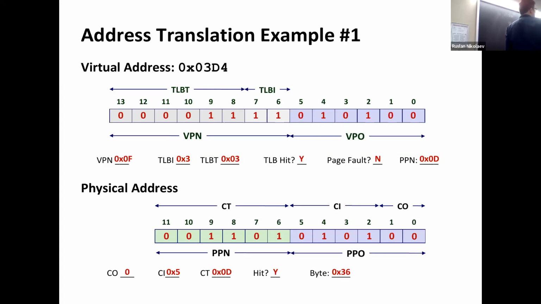So now we have the virtual page offset. How many bits did we have in the virtual page offset? We had 6 bits, right? So it's a 64 byte page in our example. So we're going to take these bits. This is the virtual page offset.